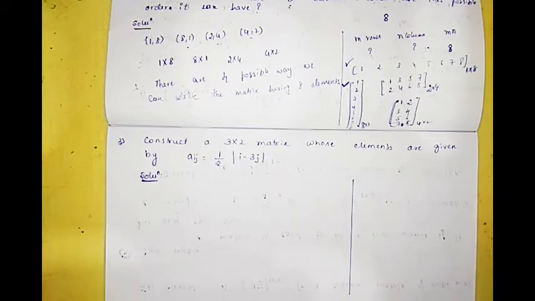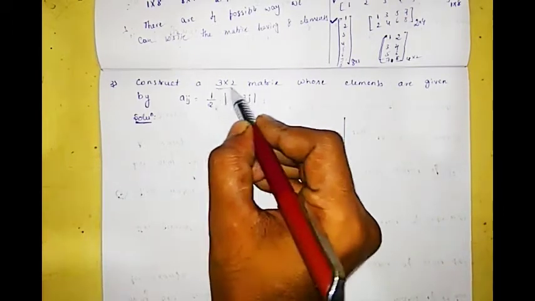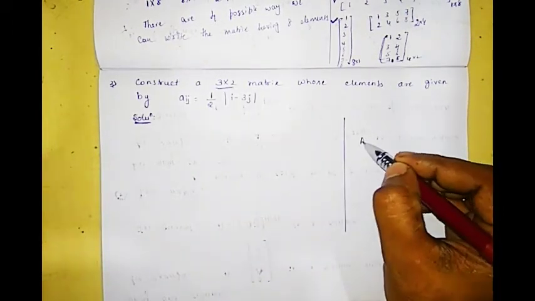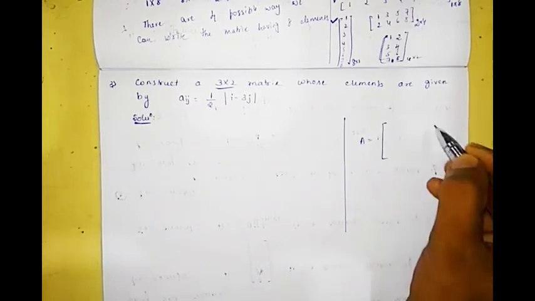Construct a 3 by 2 matrix whose elements are given by Aij equal to 1 by 2 modulus of I minus 3j. We know the general form of a 3 by 2 matrix contains 3 rows and 2 columns.